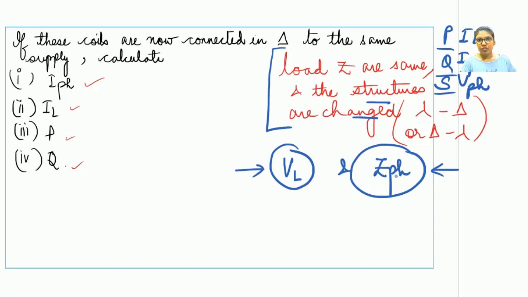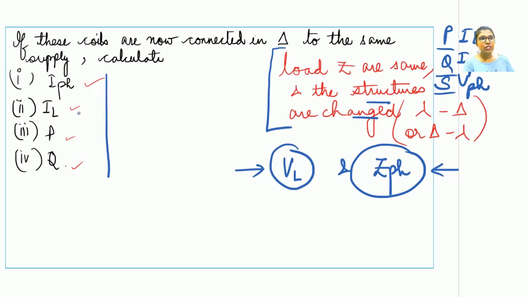So for this question also, the loads or the coils are now connected in delta. Now based on this new connection, one has to figure out all these values. So one must not come under this impression that these values were already figured out there, so we will just use those values.